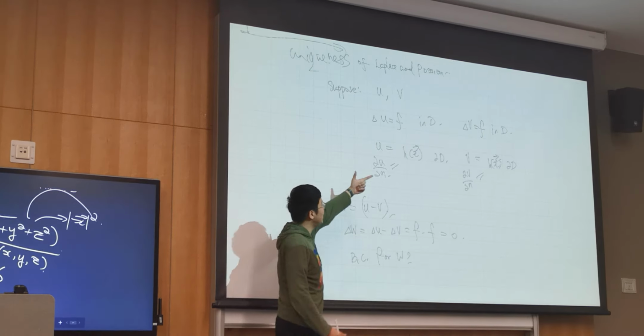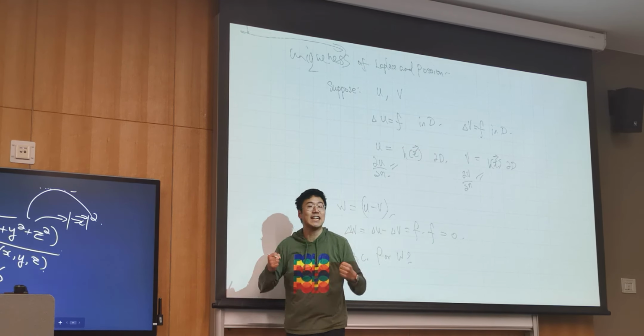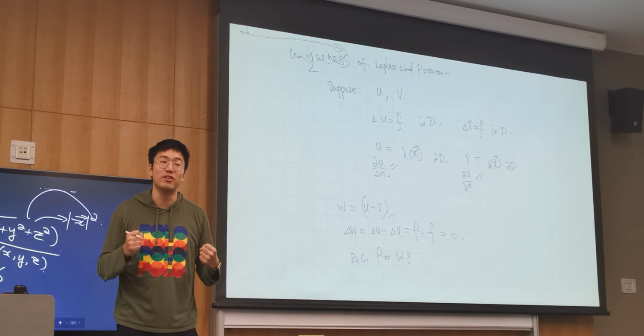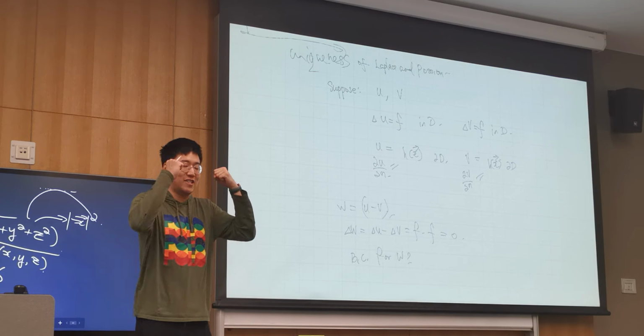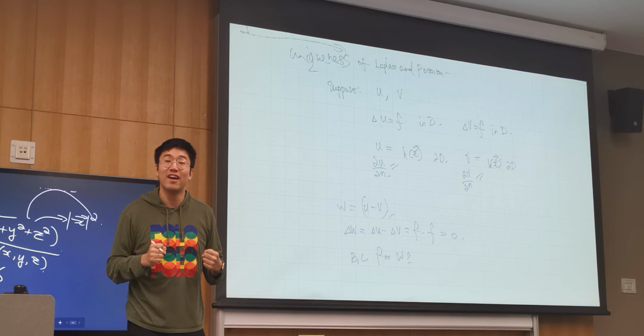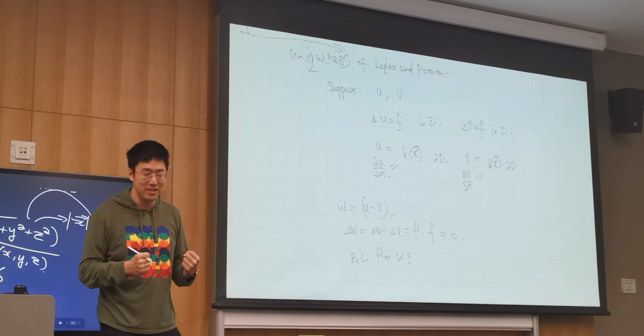You see, my u and v satisfy exactly the same boundary condition, which means that they are exactly the same on the boundary. What is the difference on the boundary? 0, right?